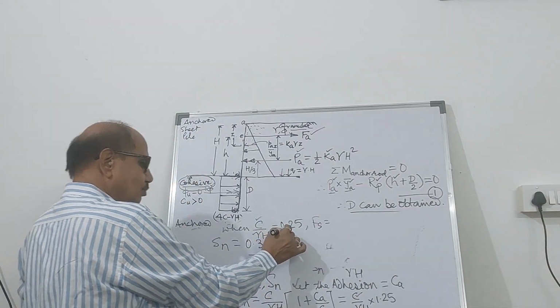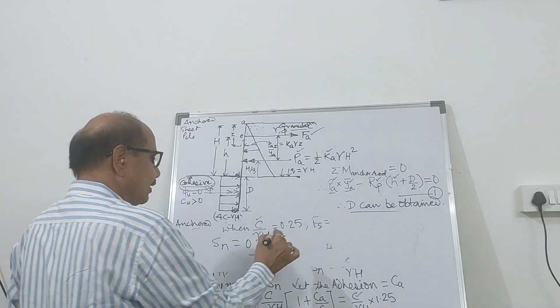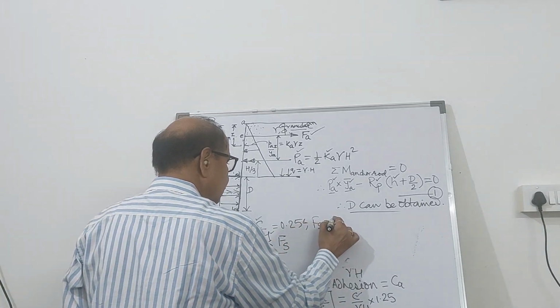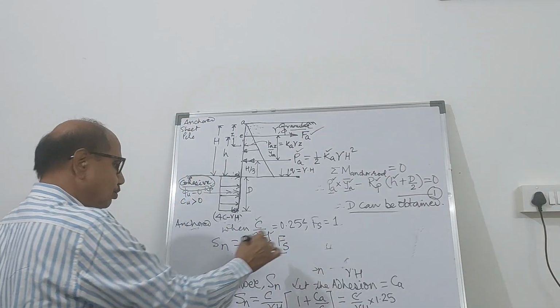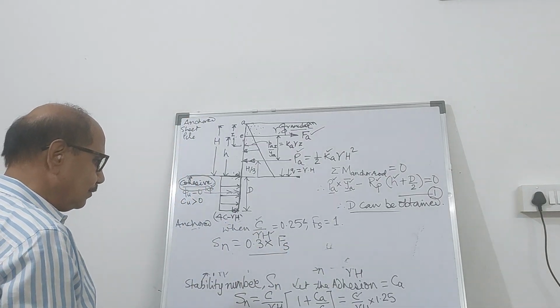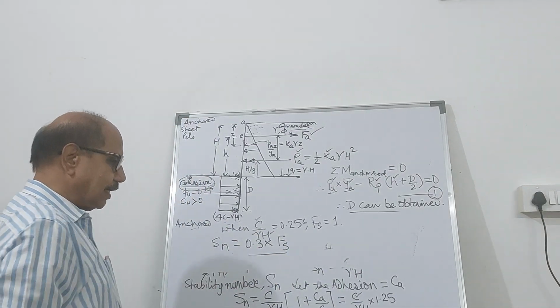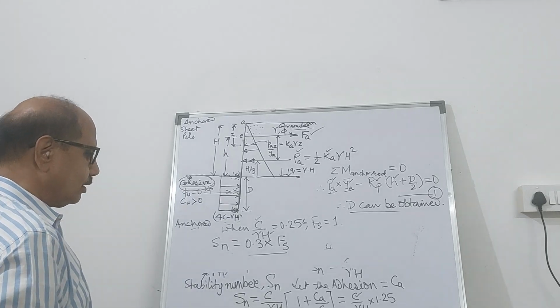So when this is 0.25 and Fs equal to 1, Sn equal to 0.3 multiplied by this one.